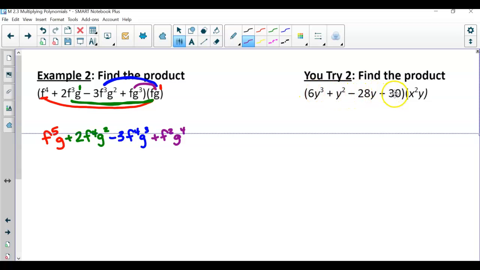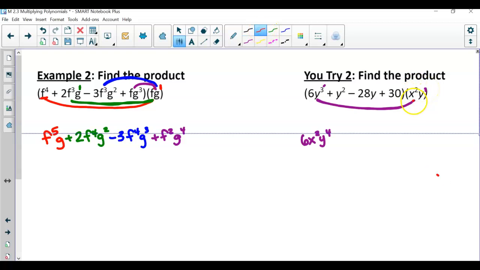So no matter what, even though I'm multiplying x squared, I need to have x squared in my answer. So here we go, x squared y times 6y cubed is 6x squared, but now y to the fourth. 3 and 1, making your 4.